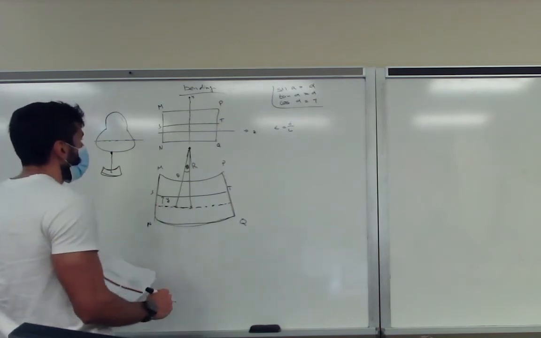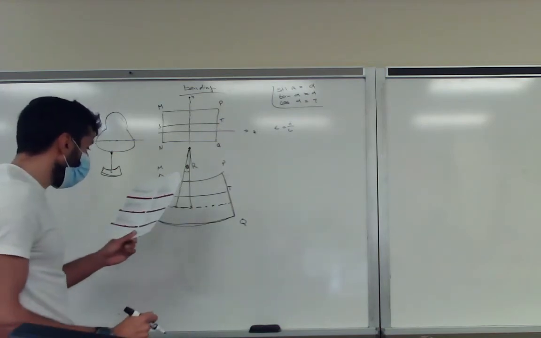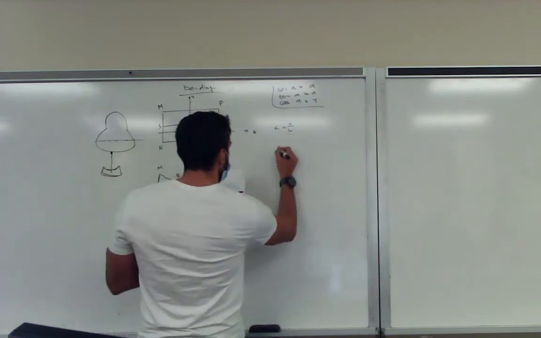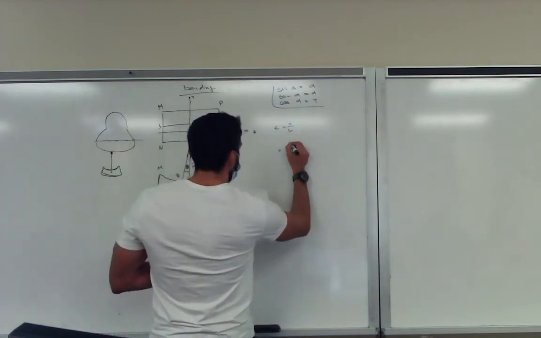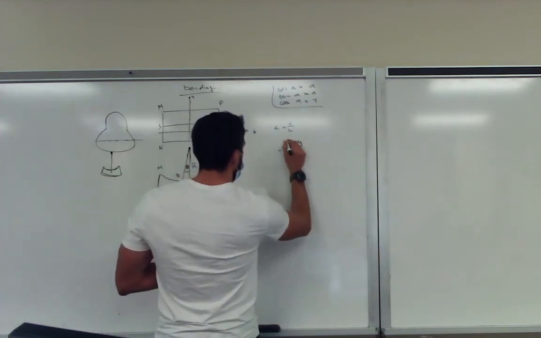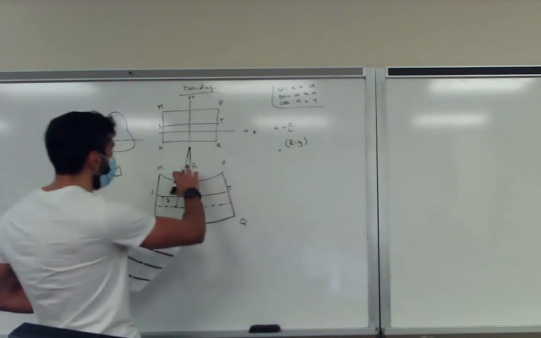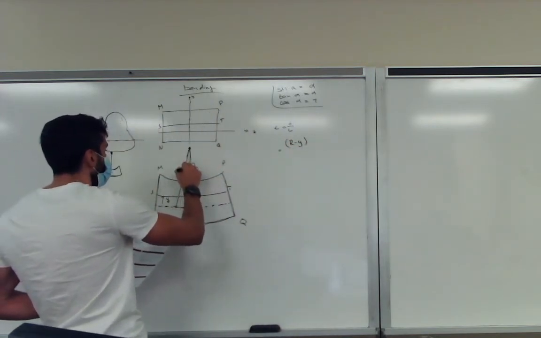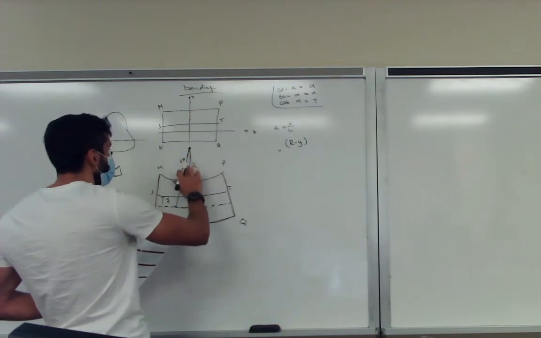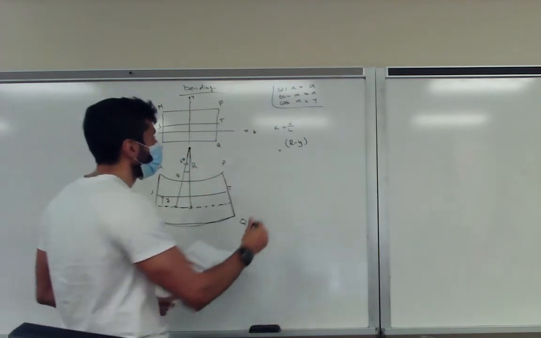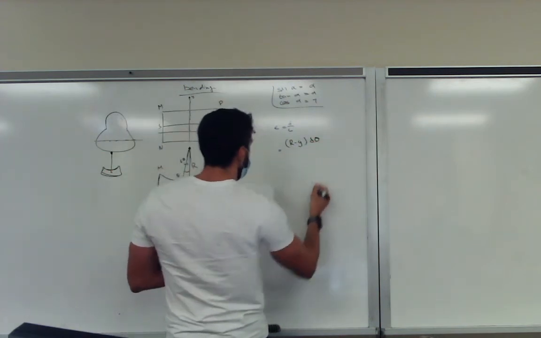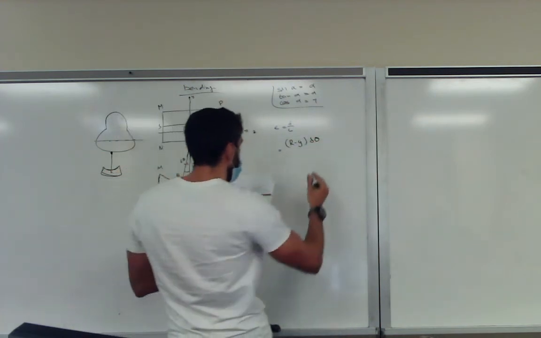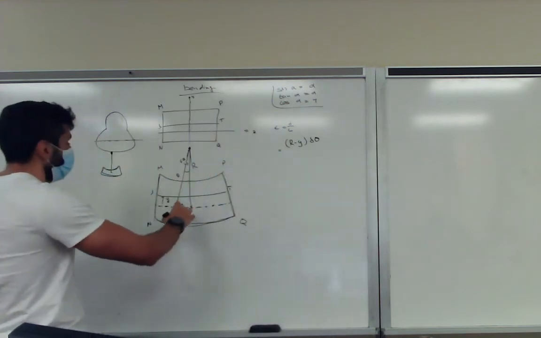So before the deformation, we get our original system. So we can say that r minus y, and then we're looking at the variation of strain. So this is not theta, but it's that small change in the angle. So we multiply that by delta theta.